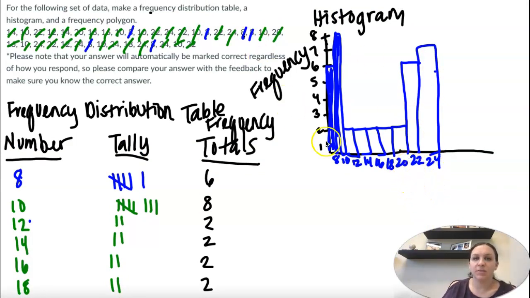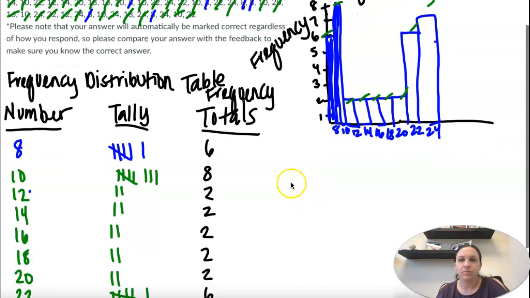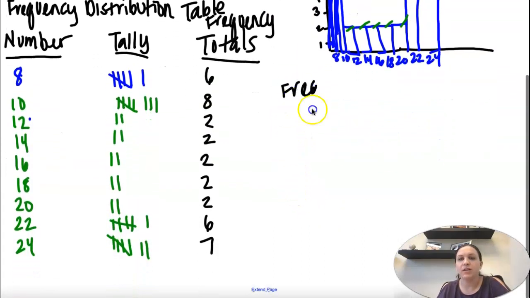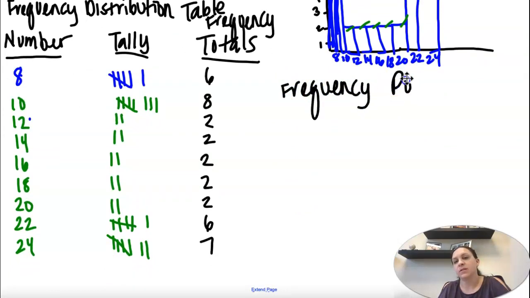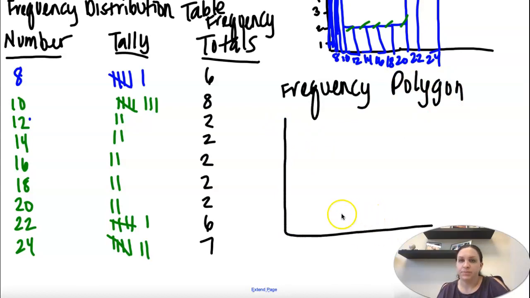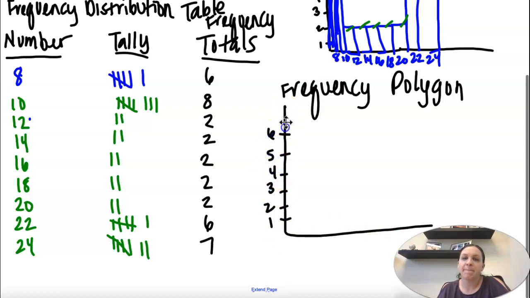And then the frequency polygon is a take on the histogram. It's where we just put marks on each bar. So I'll redraw it. So, frequency polygon, because we're kind of just drawing lines. So I still have up till 8. Then I still have my labels down here.